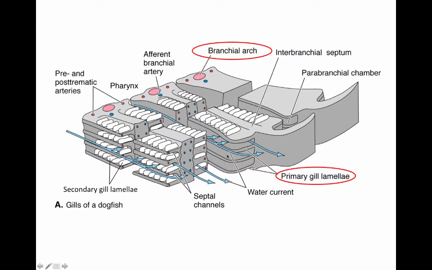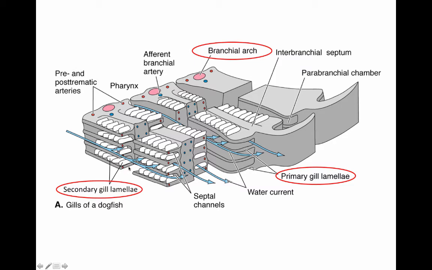And each one of these primary gill lamellae bear additional elaborations of the surface, these additional flaps of tissue on each primary gill lamellae called secondary gill lamellae. These secondary gill lamellae are where the actual diffusion is going to occur. This is where the gas exchange is going to occur on these little flaps of tissue.